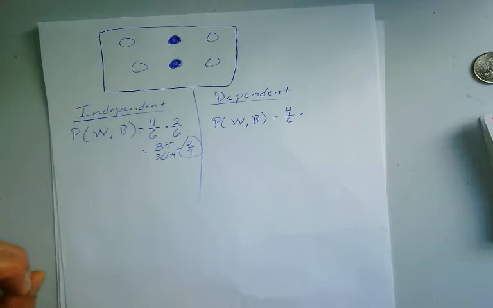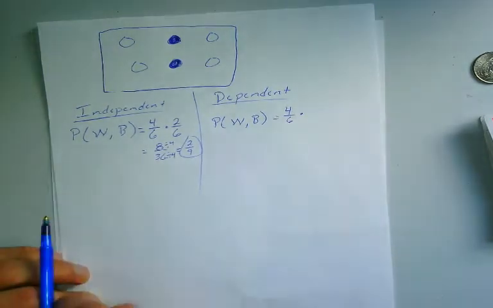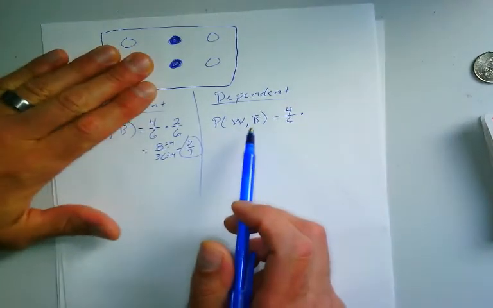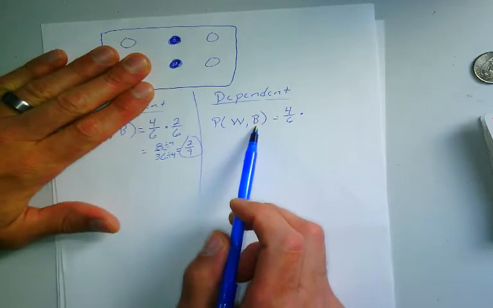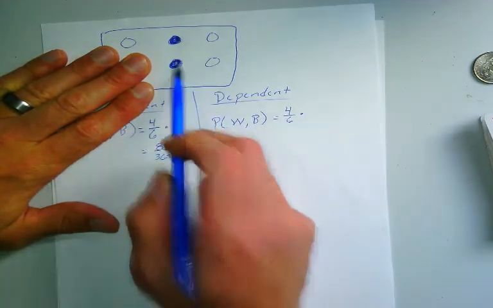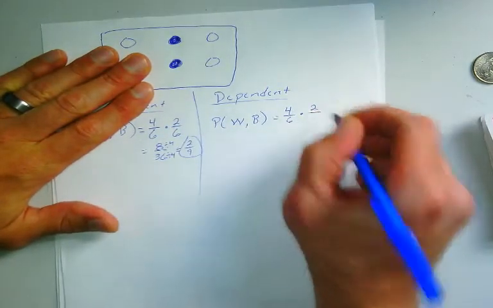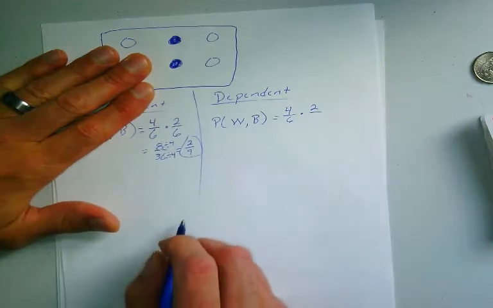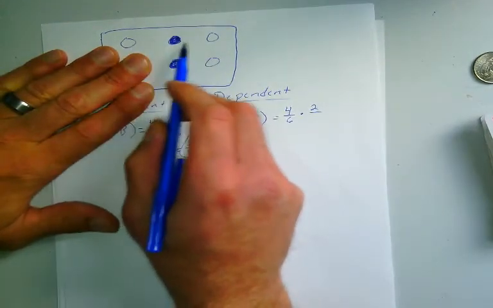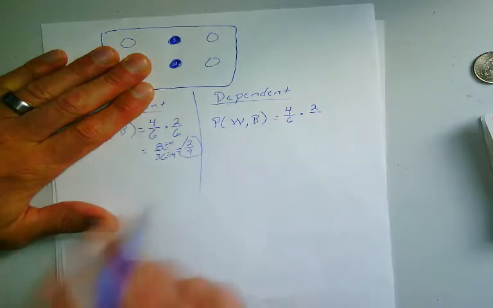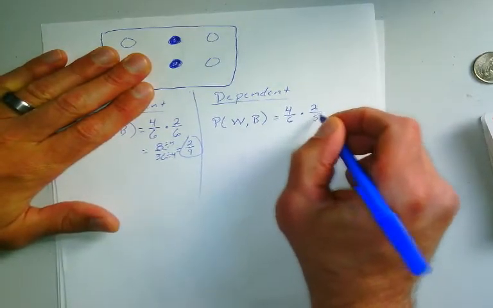This probability has been affected because I'm not putting back that first white marble. If you want to visualize, you can cancel out one of those white marbles. So now my probability of getting a blue is 2 favorable marbles divided by 5 possible outcomes, because now I only have 5 marbles.